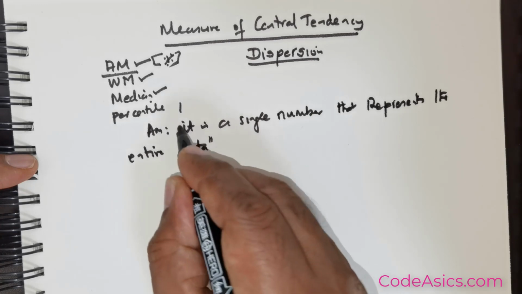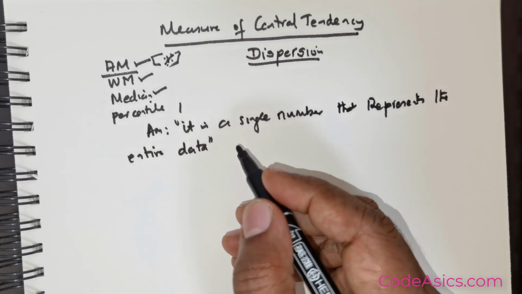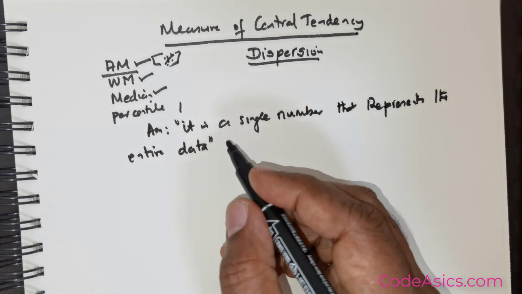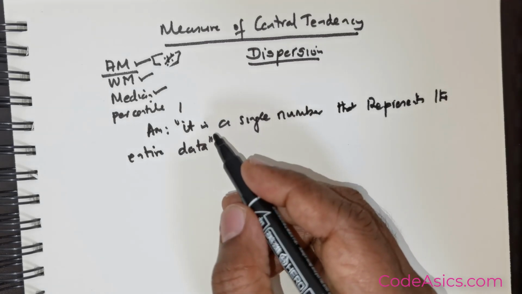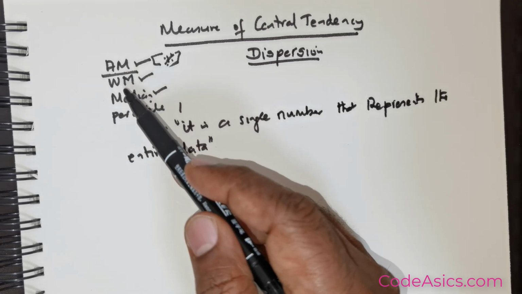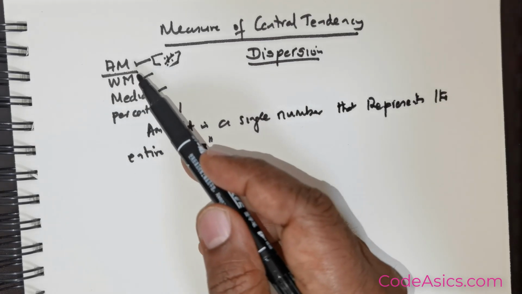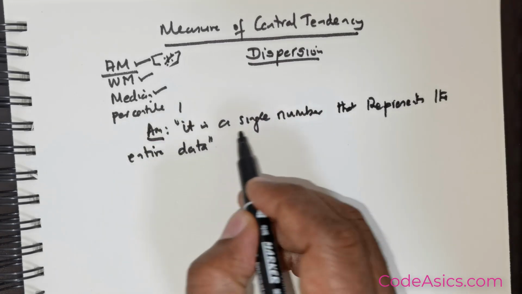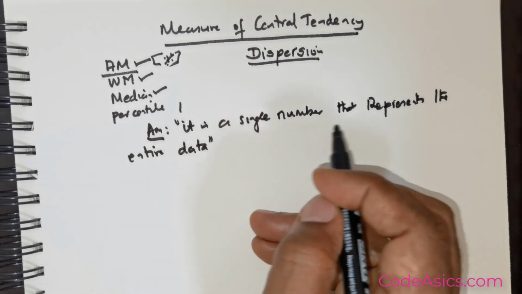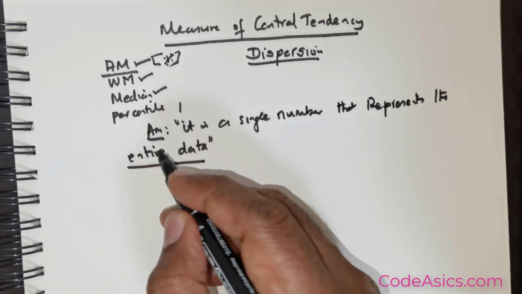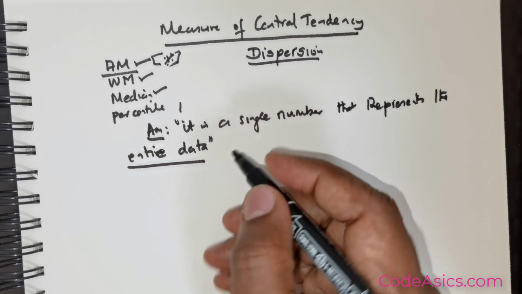This is the basic definition of arithmetic mean, and as I mentioned to you, I have already done detailed videos of arithmetic mean and how exactly to find them, as well as arithmetic mean of grouped data. Now this is the key understanding. It is a single number that represents the entire data. So that is why we are interested in arithmetic mean.